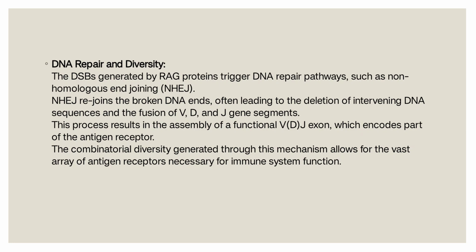This process results in the assembly of functional VDJ exons, which encode a part of the antigen receptor. The combinatorial diversity generated through this mechanism allows for the vast array of antigen receptors necessary for immune system function.